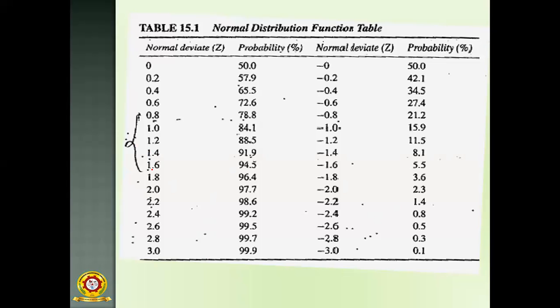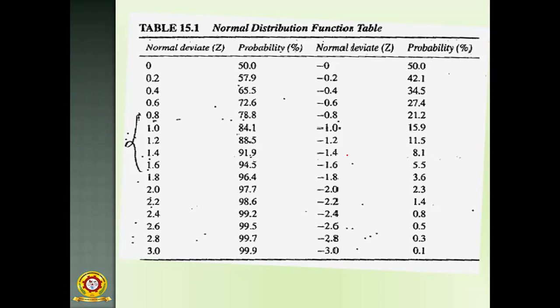So 1.34 lies between 1.2 and 1.4. Then you have to see the negative probability, because the value is negative, so minus 1.2 to minus 1.4.